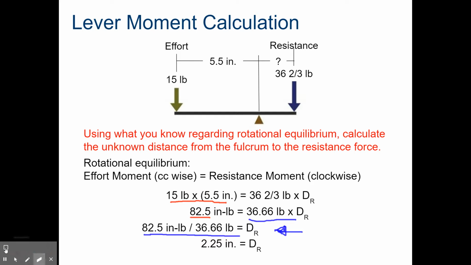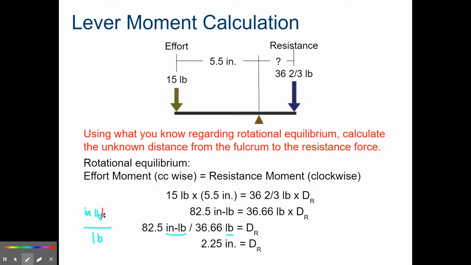Now let's talk units here. With my units, how do we get from these pounds and pounds down to inches at the end? Well, when you multiply pounds times inches, you combine them: inch-pounds. When you divide, inch-pounds divided by pounds, what happens is things cancel out.